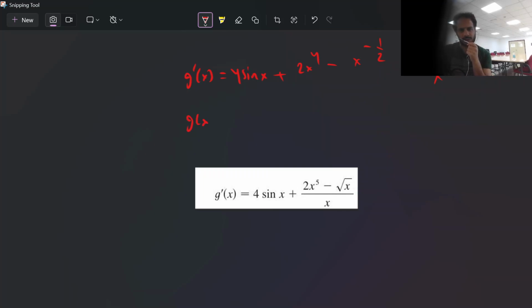Now let's do it. G of x equals what? It's going to be minus 4 cosine x. Plus, here it's going to be 2 times x to the power 5, you add 1 and divide by the new exponent.